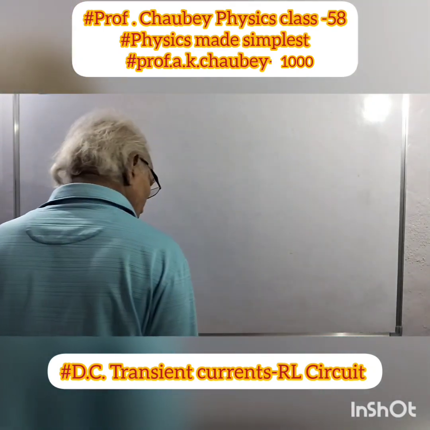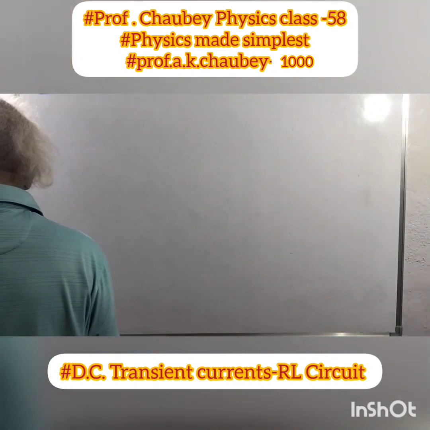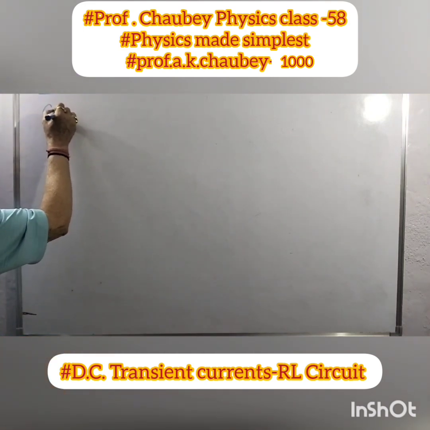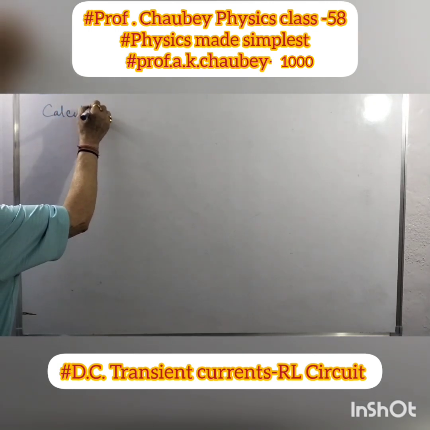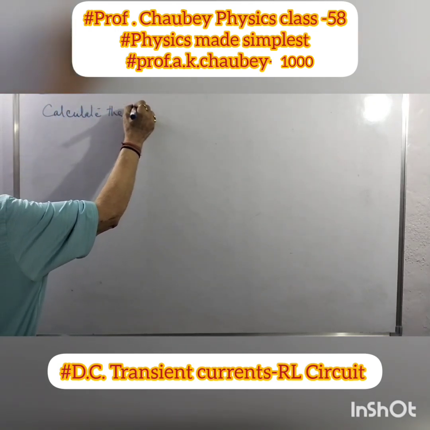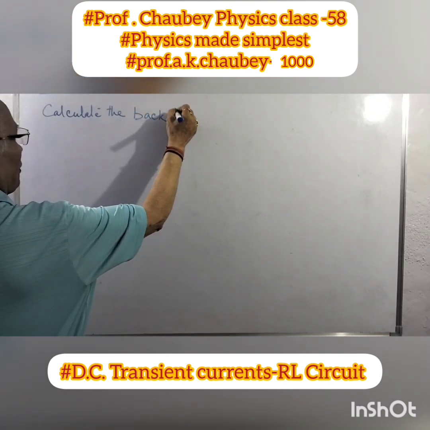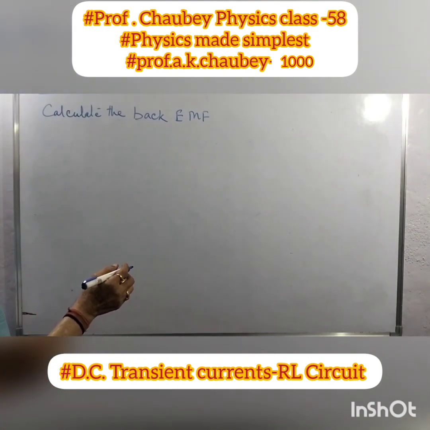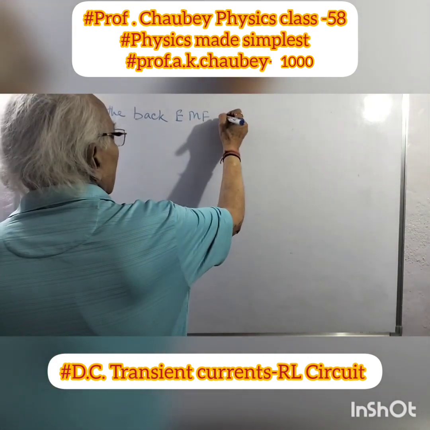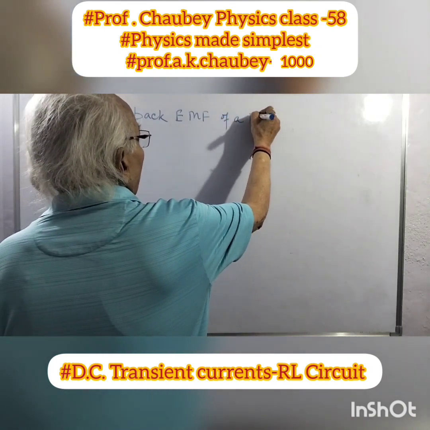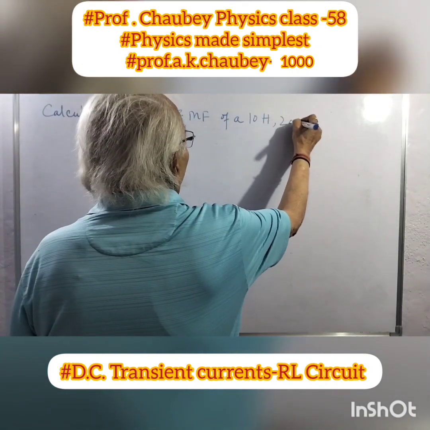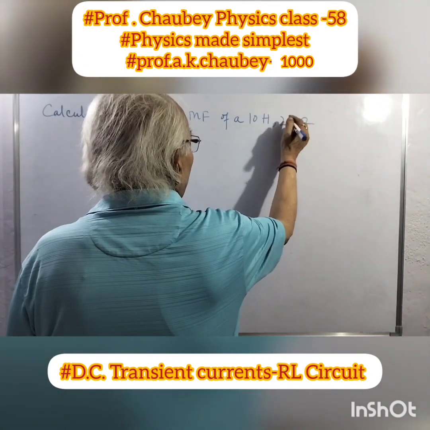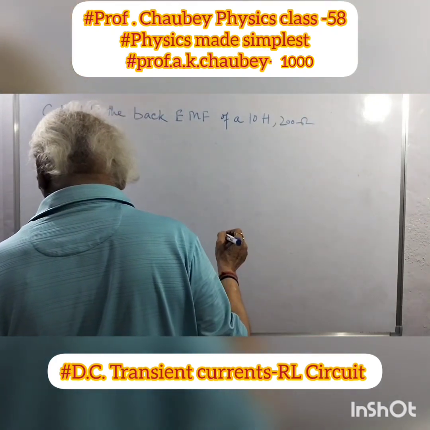Another circuit: calculate the back EMF of a coil. The coil has an inductance of 10 Henry and a resistance of 200 ohm.